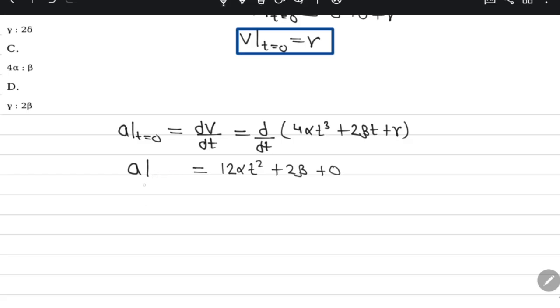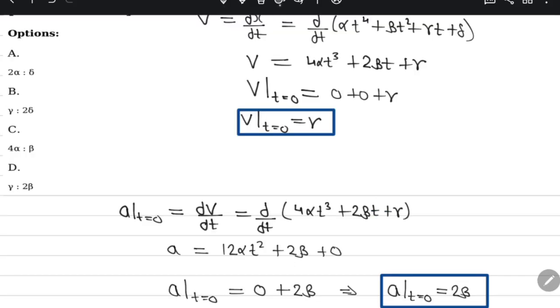This is the acceleration. Now I have to find the initial acceleration, means at t equal to 0. Putting t equal to 0, the first term becomes 0, so the acceleration at t equal to 0 comes out to be 2 beta.